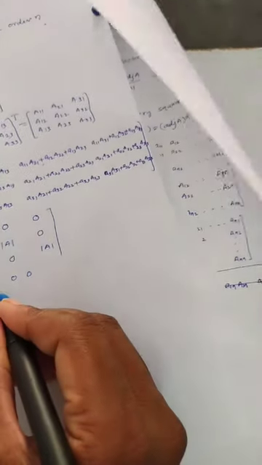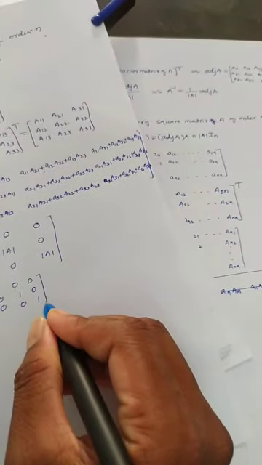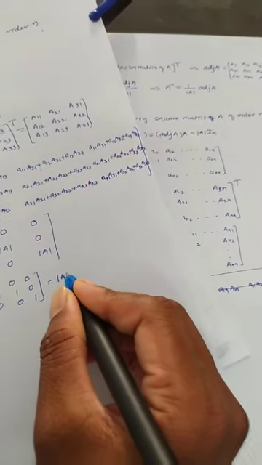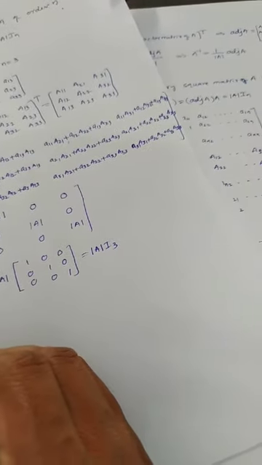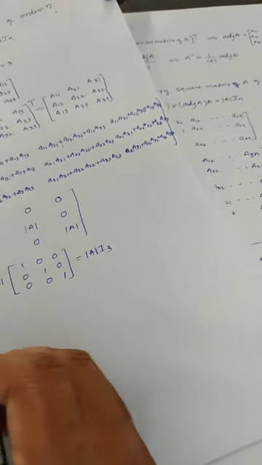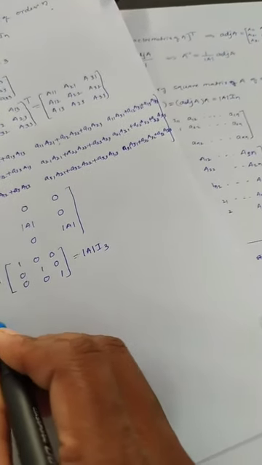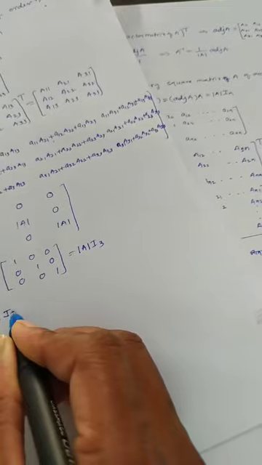Okay, so let me take det A common. By taking det A common, you will get the matrix 1 0 0, 0 1 0, 0 0 1. So this equals det A into I3. Right. Similarly, we can prove that adjoint A into A is also det A into I3.